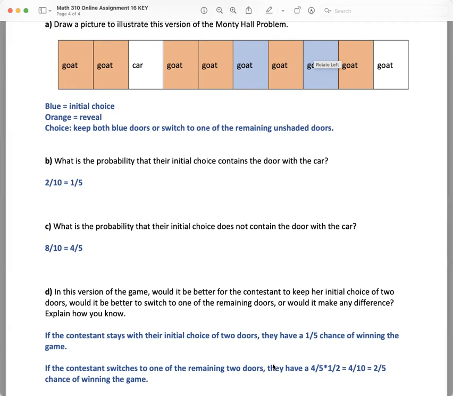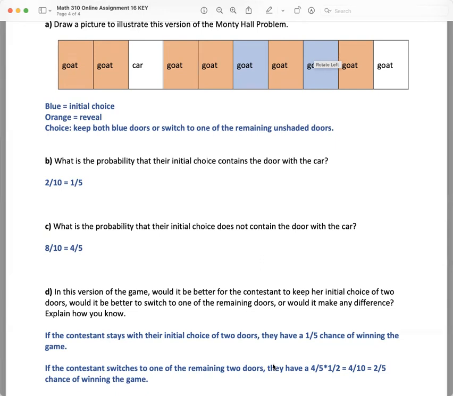And we've already calculated that as 4 out of 5. But then you're going to switch and you get to choose one of the 2 remaining doors. One of them has the car and one does not. So the probability of that when you switch is 1 out of 2. There's 2 doors to choose from, one has the car.